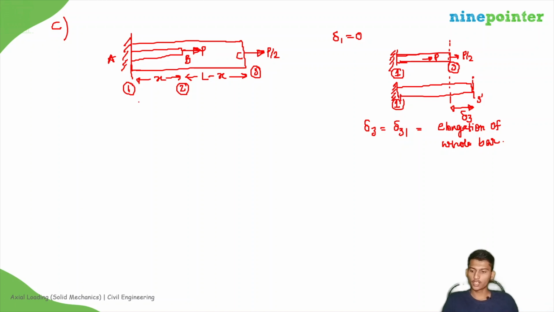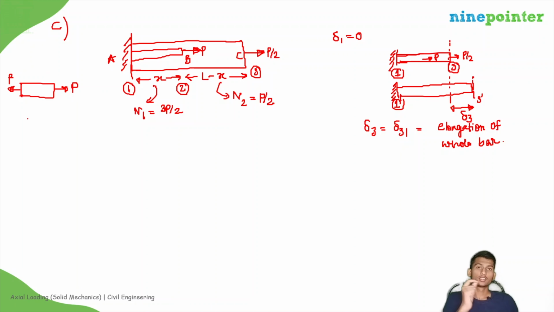For that we already have N1 is equal to 3P by 2, N2 is equal to P by 2. And we already know that if there is a bar and it has equal opposite load P, then elongation will be equal to PL by EA, right? We already have this.